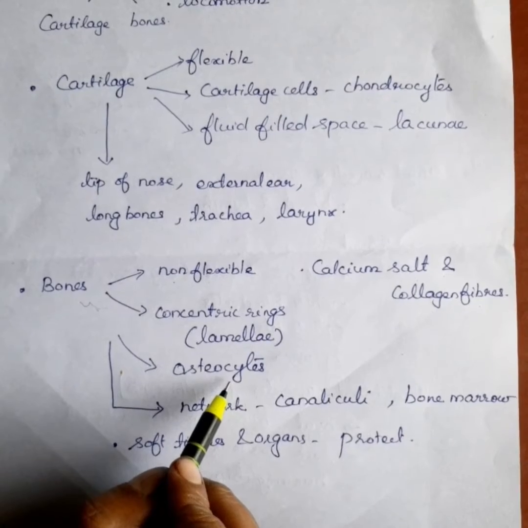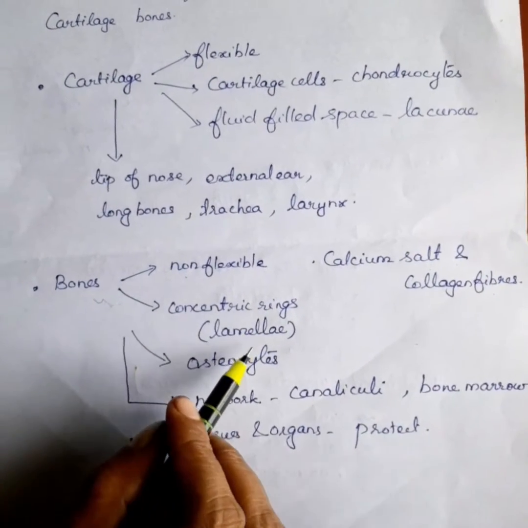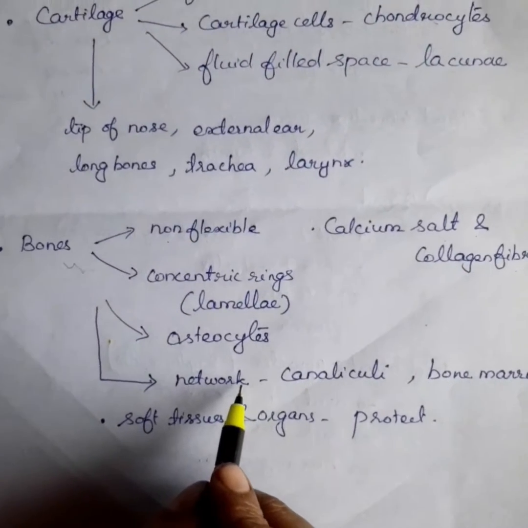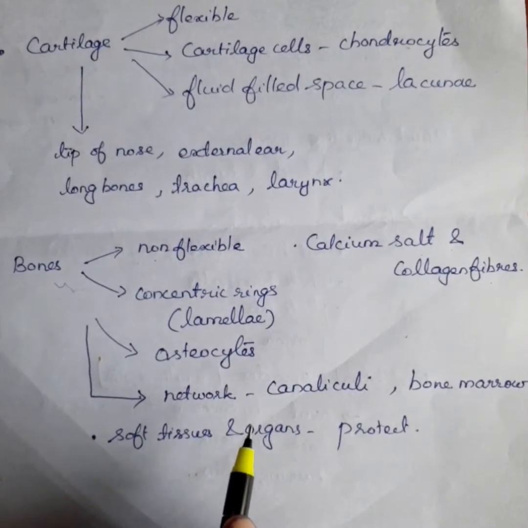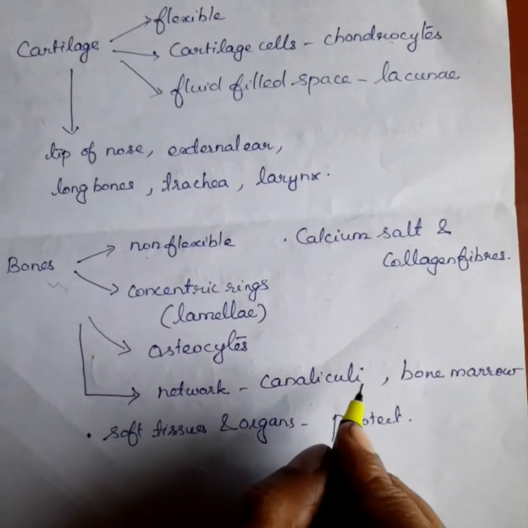The matrix of the bone in the form of concentric rings is called lamellae. They communicate with each other by a network called canaliculi.